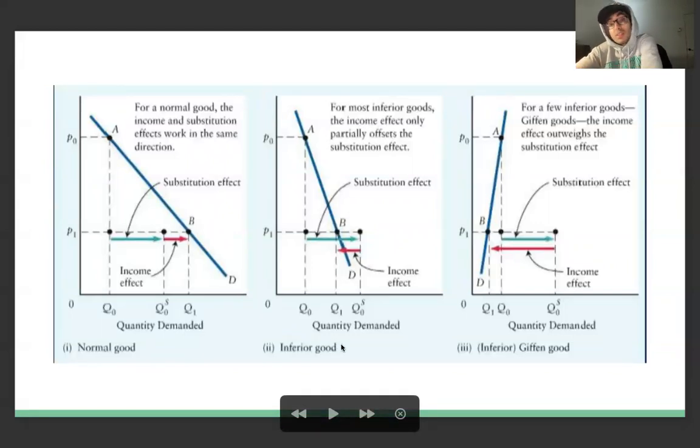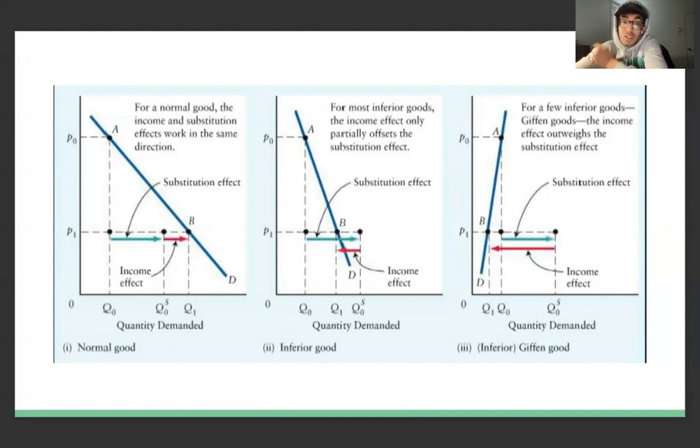But in the case of inferior goods, the substitution effect works the same way. It's because a substitute for an inferior good is another inferior good, right? So when the price of an inferior good falls down, it's cheaper relative to other inferior goods. So the substitution effect works in the same direction.